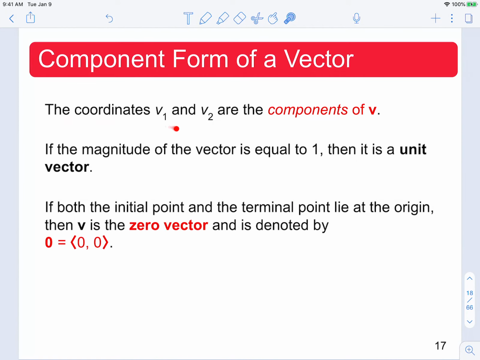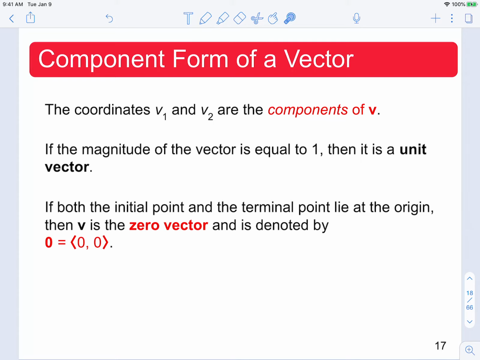Now the coordinates v1 and v2 are the components of v. If the magnitude of the vector is equal to 1, then it's called the unit vector. If both the initial point and the terminal point lie at the origin, then v is the zero vector.